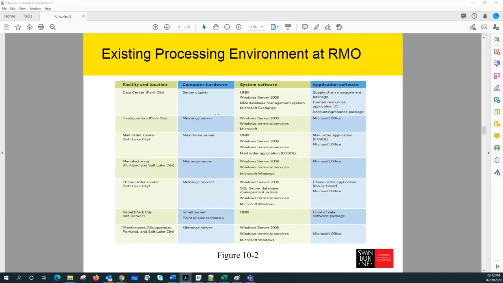And then they have decided what main computer hardware system they are currently using and what system software they are using at present. Now this is a little bit outdated, but this is how we do it in a normal way. And then what application software they are currently running in each of these facilities.